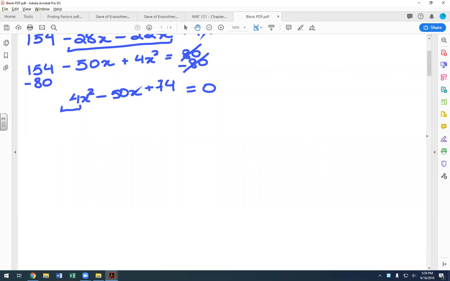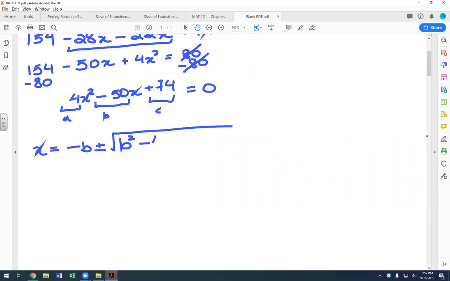Of course, this will become our A term. Negative 50 will be B. Positive 74 will be C. So if you want to use the quadratic formula, okay.